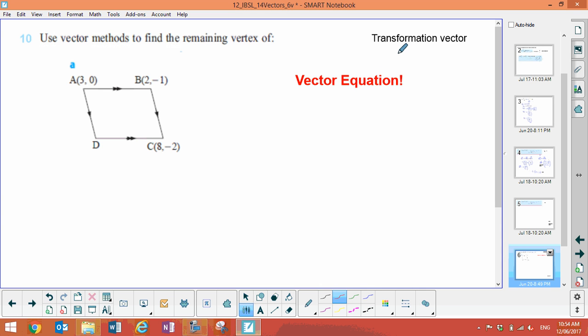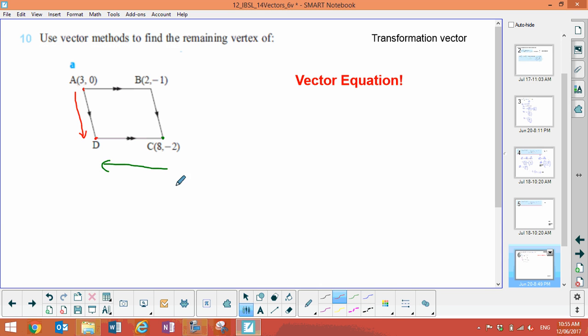So we want to get a transformation vector. If we're trying to find this coordinate, then we see we can either get that from starting at A and find this vector, or we could say, let's start with C and then add that vector on. So it doesn't matter which way you work.